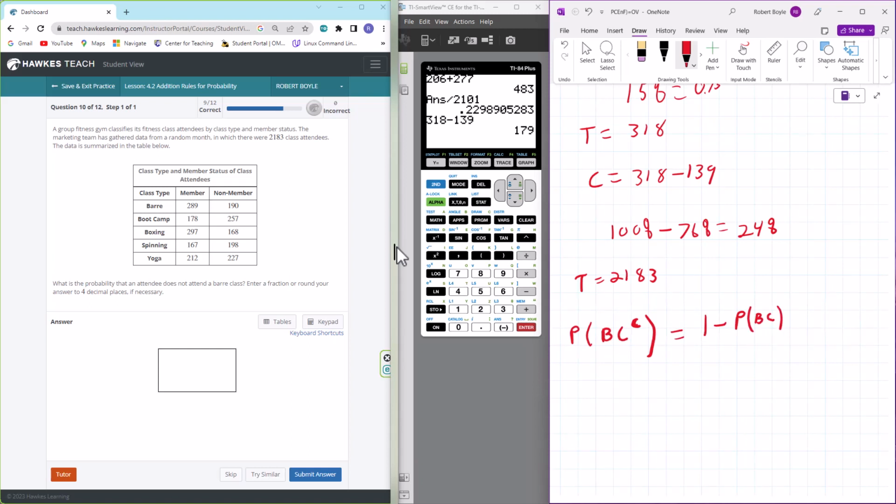How many people were attending bar class? What's the probability of somebody attending bar class? Well, that is going to be equal to the probability that a member is attending bar class plus the probability that a non-member is attending bar class minus the probability of their intersection.